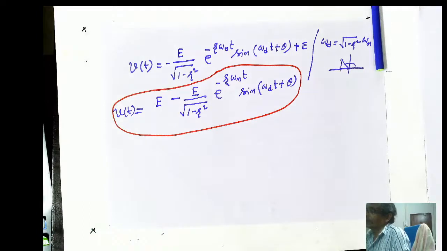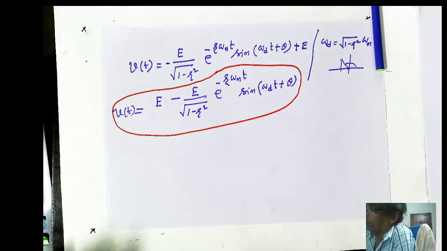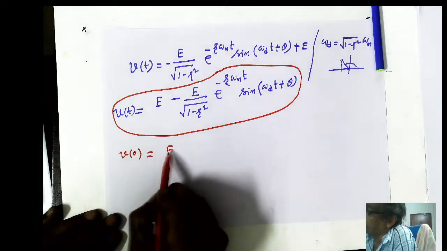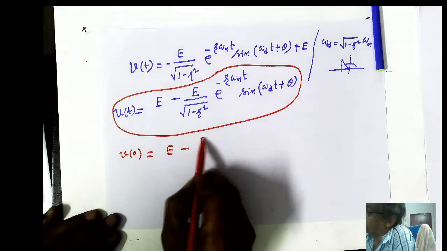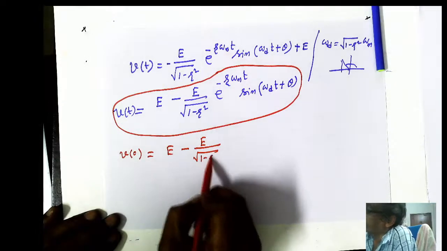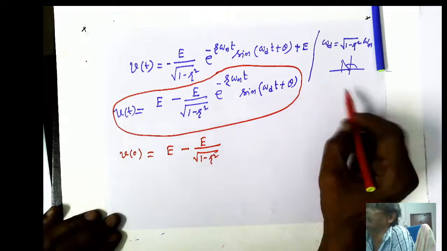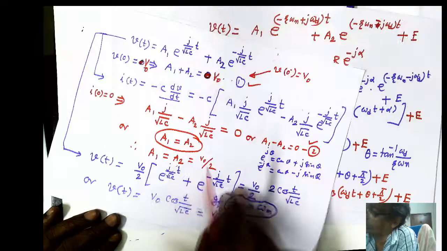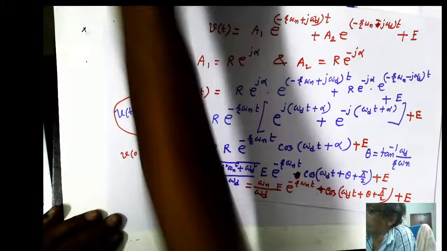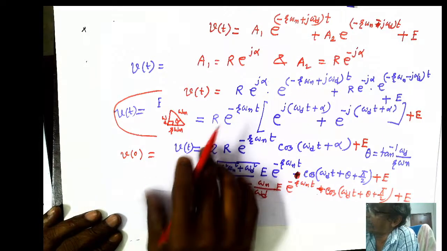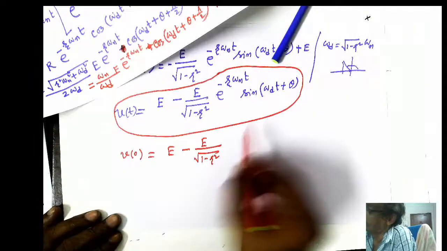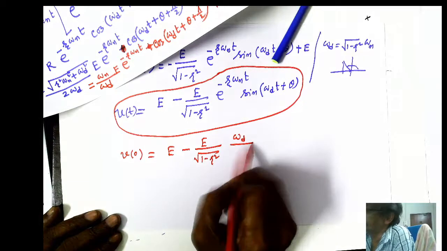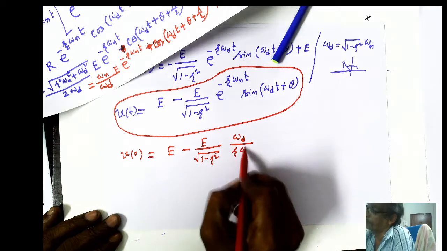Is this solution correct? At least I should expect V0, let us calculate. V0 is, put t equal to 0, E minus E by root over 1 minus zeta square into sine theta. Recall the same triangle, good old triangle will help us a lot. This is theta, so omega d by zeta omega n.